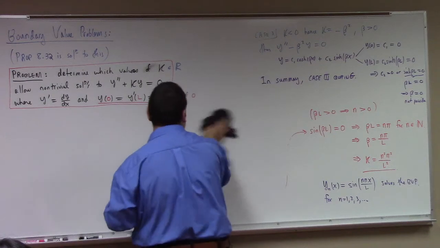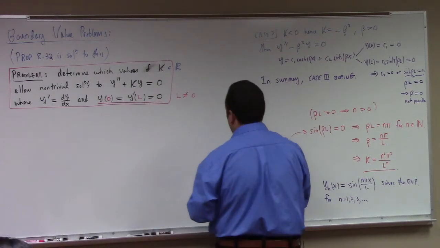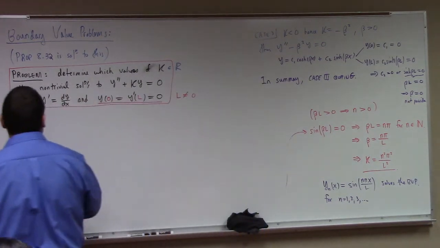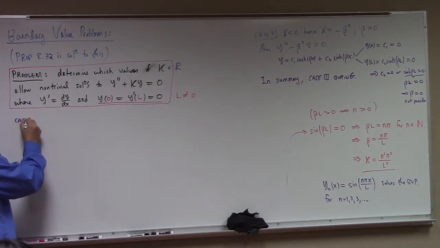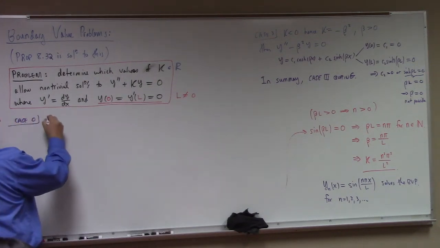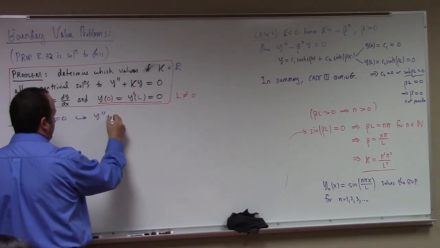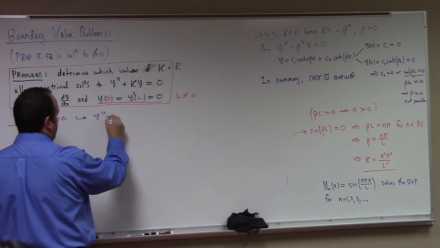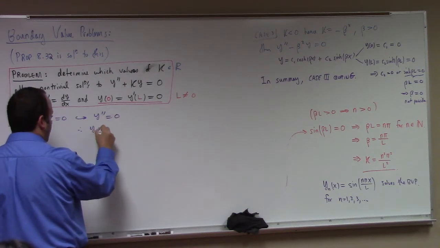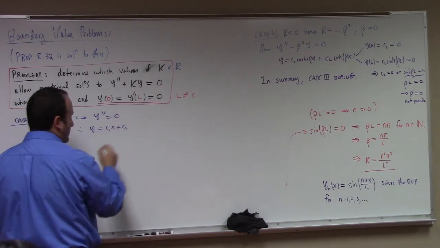Case 0, what do we got? k equals 0, so that gives us y prime prime equal to 0, so y is equal to c1 x plus c2.